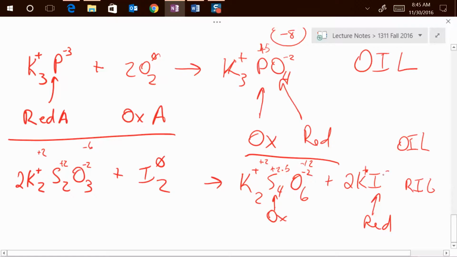Here it has a negative 1. So what is the oxidizing agent? Iodine. Oxidizing agent. What is the reducing agent? Sulfur. Okay?